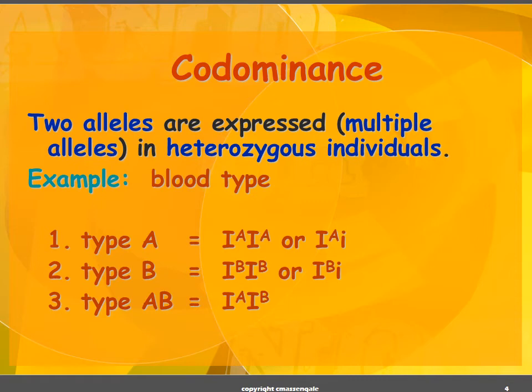But we also have another blood type, and it's blood type O, and that is the recessive blood type, denoted by ii, little i. Okay, so we have codominance. So when we have the two dominant alleles being expressed together, we have type AB. And this makes for some very interesting problems to figure out for tests and exams, but also some interesting outcomes when we cross individuals with different blood types.